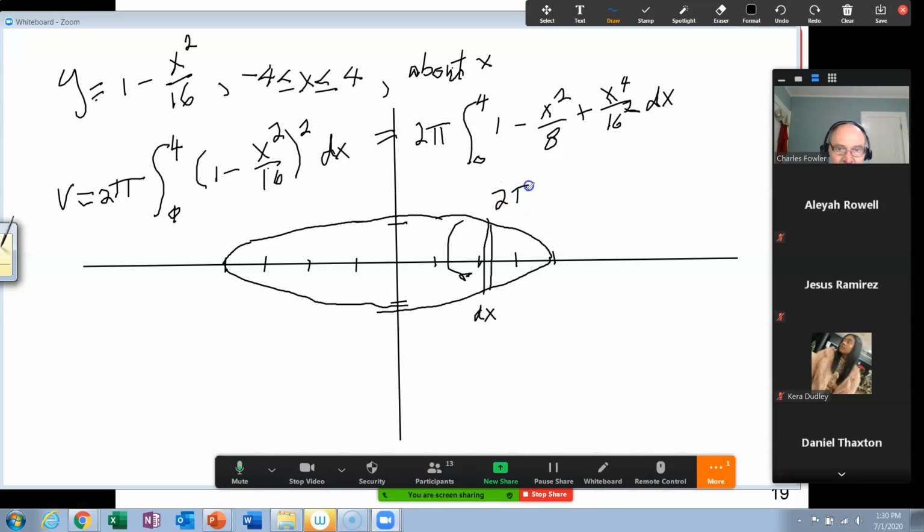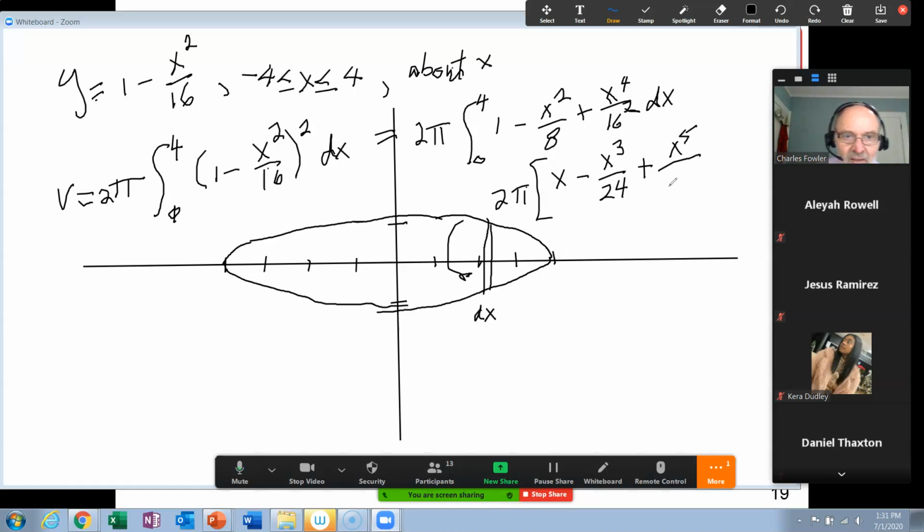2 pi, that's the easy part. Antiderivative of 1 is x, minus, and this will be an x cubed over 24, plus x to the 5th. 16 squared is 256, and then we're going to multiply that by 5, and that's 1280, I think.